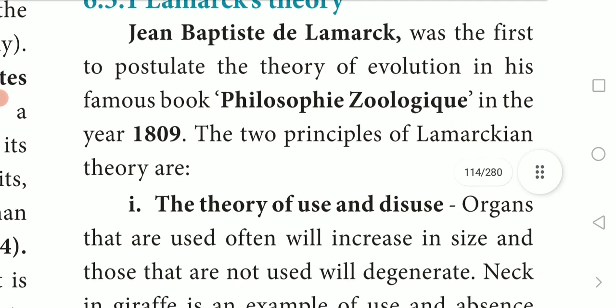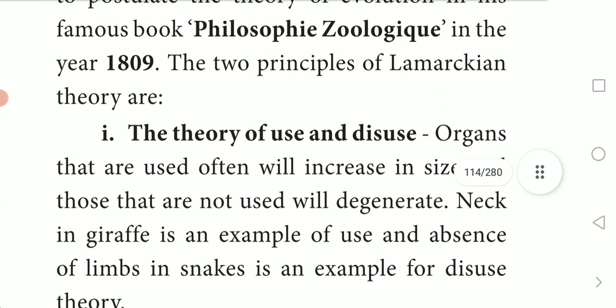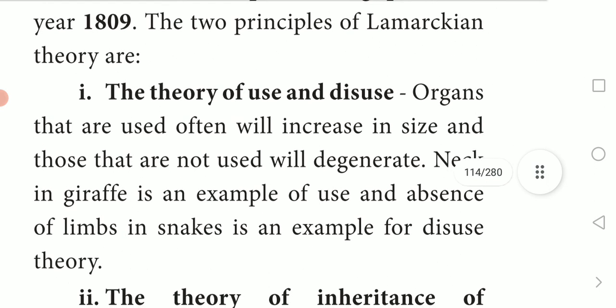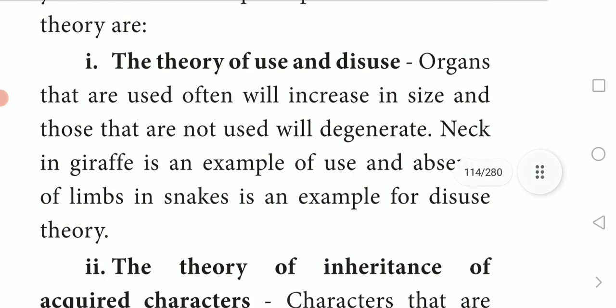The next topic we are going to see is theories of biological evolution. So here you are going to see Lamarck's theory and objections of Lamarckism. All the theories we are going to see.